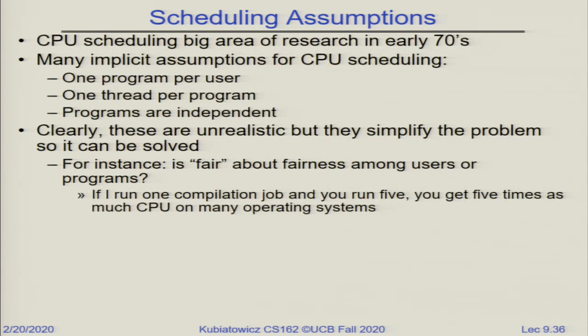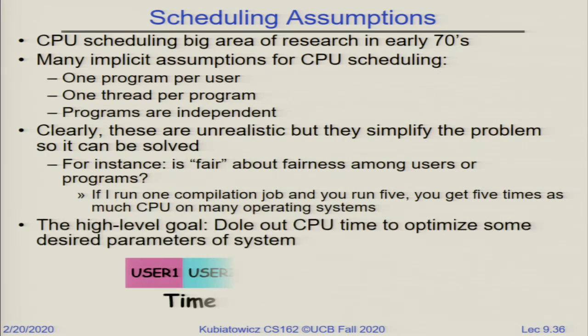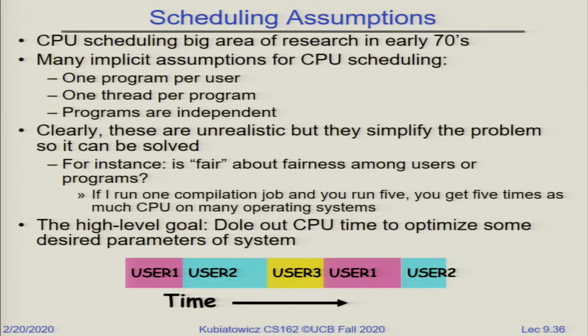Except, what if, for instance, I run one compilation job and you run 5 on the same machine, and suddenly, do I want to give still 50-50, so those 5 jobs are running with much less CPU than the one job, or do I want to divide things in 6s? Those seem like both possible fairness questions, right? So the high-level goal is to dole out CPU time to optimize some desired parameters, but you've got to figure out what those are in the first place.